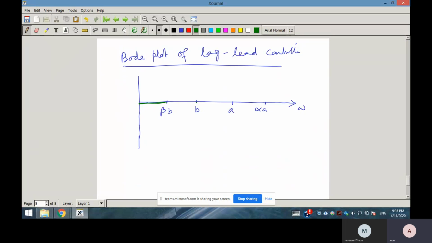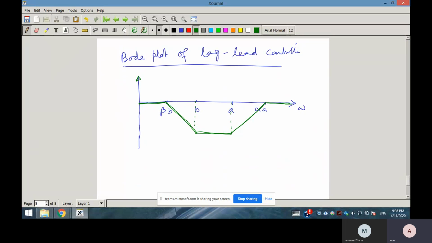Why the lag part is needed first is very important, and we will see that. Then it will be flat, and then again plus 20 dB per decade. So this is the asymptotic Bode magnitude plot of the lag-lead controller.